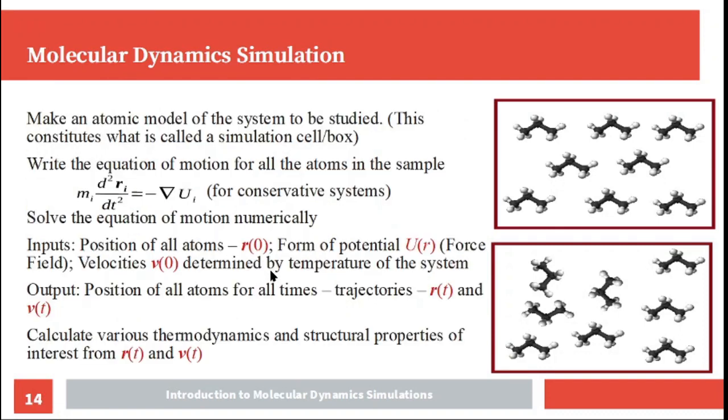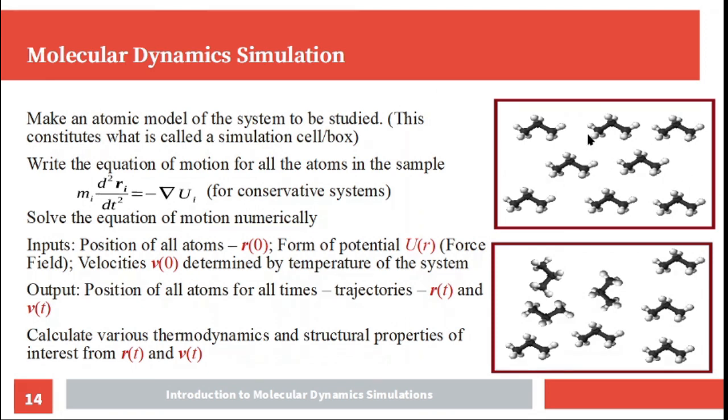So what we do is, to start with, we make an atomic model of the system to be studied. So just to give you the same example of propane, we take some propane molecules as a starting configuration. This constitutes what is called a simulation box or simulation cell. So for example, this can be considered as a simulation cell.